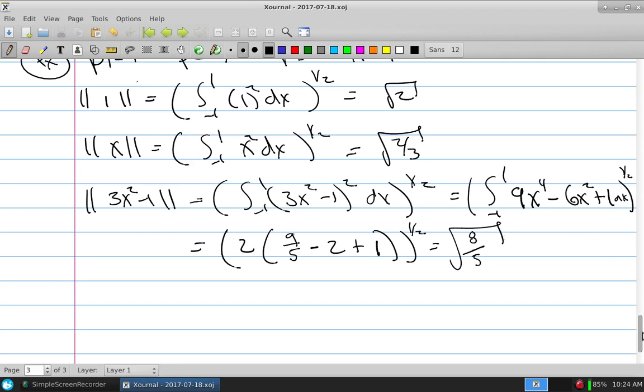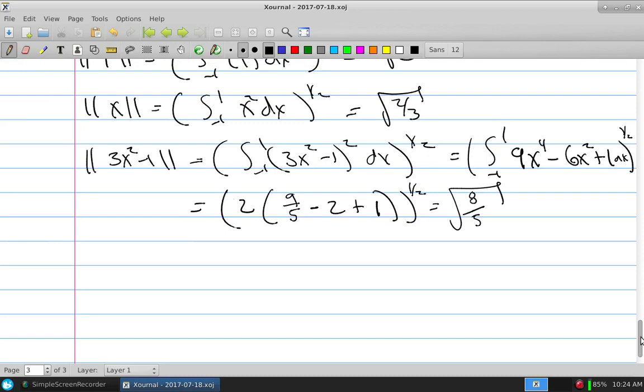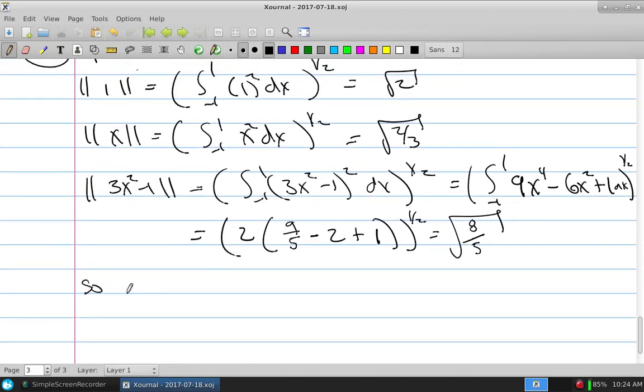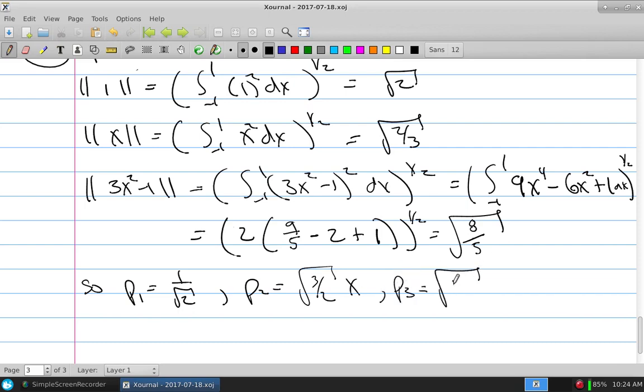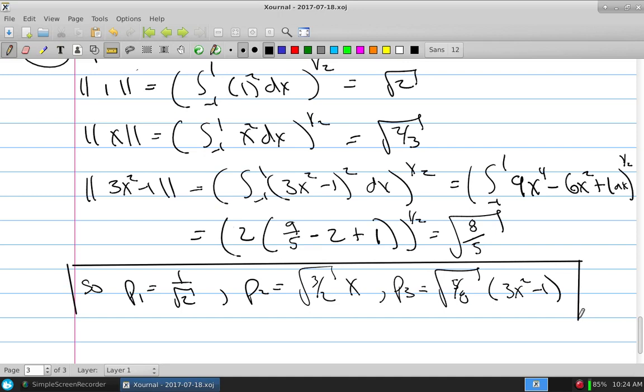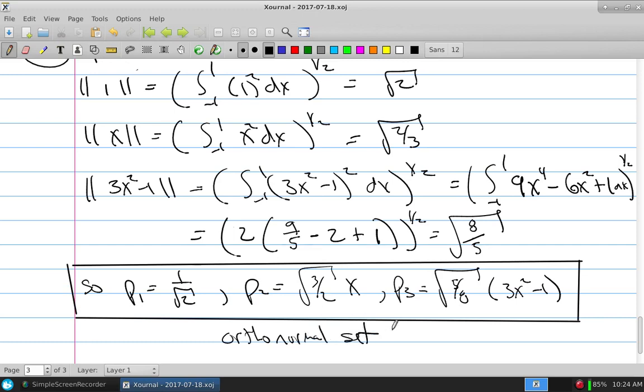So, on the other hand, I do know P1 equals 1 over radical 2, P2 equals radical 3/2 of x, and P3 equals radical 5/8 of 3x squared minus 1, and that is orthonormal. Is everybody okay with that? Because I took them divided by their length, it's going to be length 1.